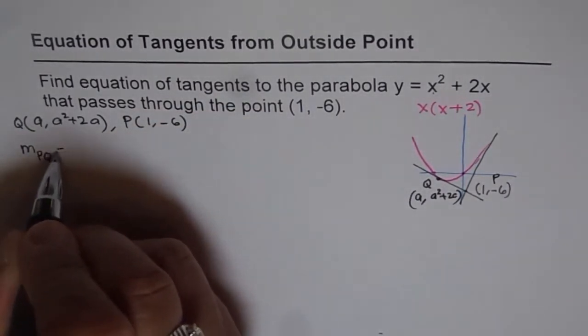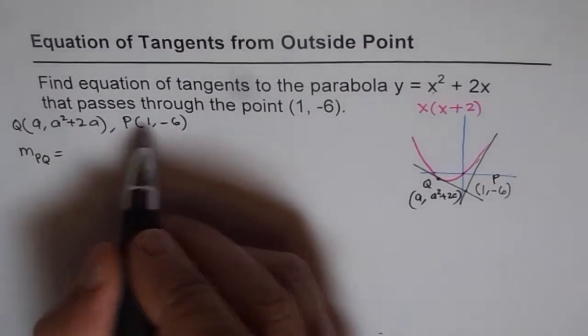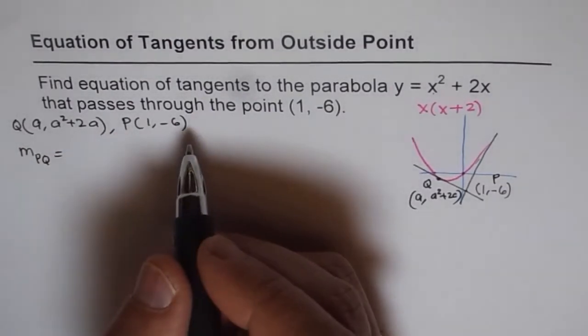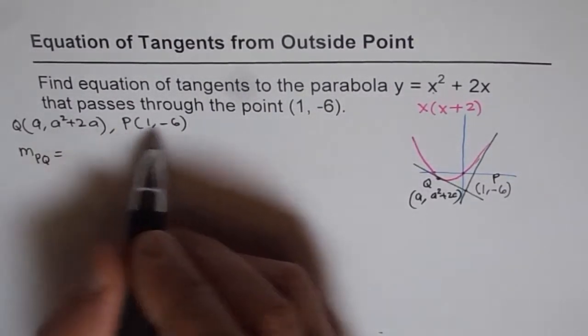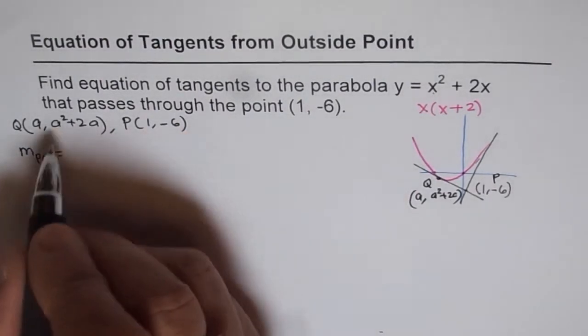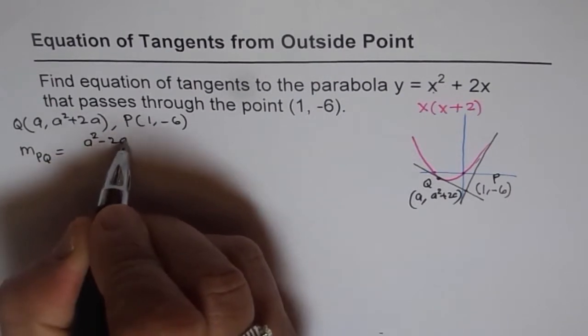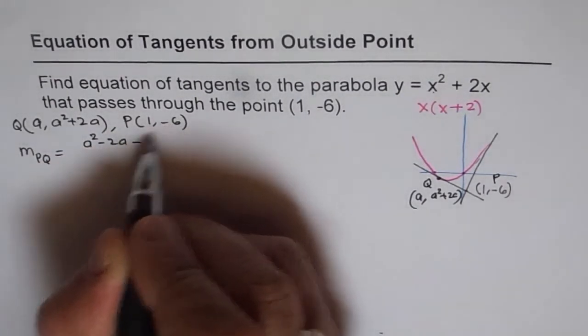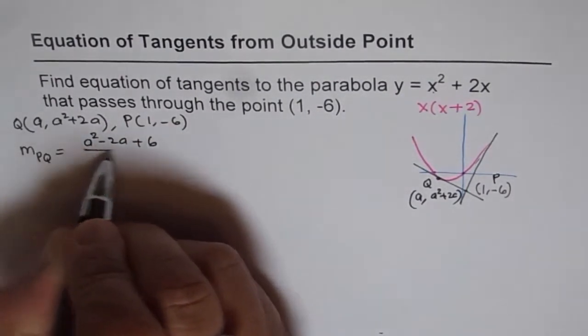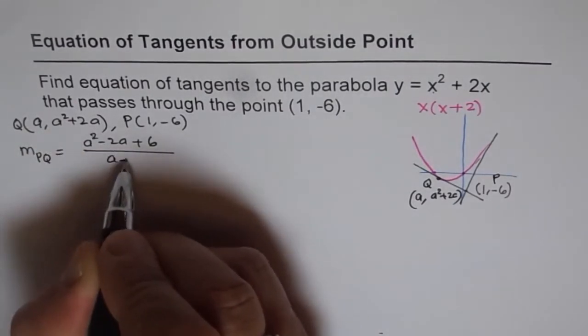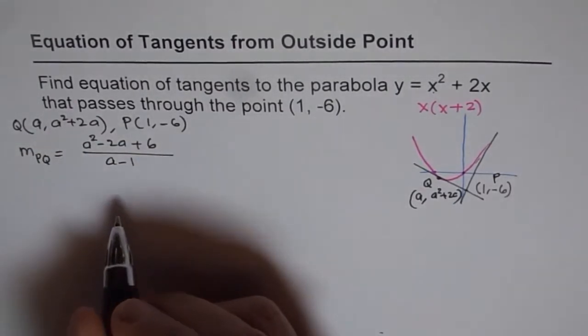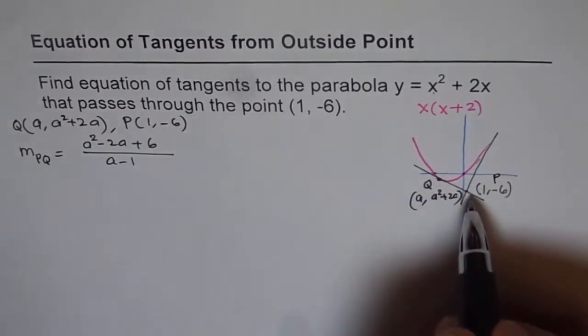Let's say slope PQ will be y2 minus y1 divided by x2 minus x1. Now you can take any one of these points as point 1 or 2, right? So let's take these values as positive. So we get a squared plus 2a minus (-6), minus and minus becomes plus, divided by a minus 1. So that is the slope between points P and Q.